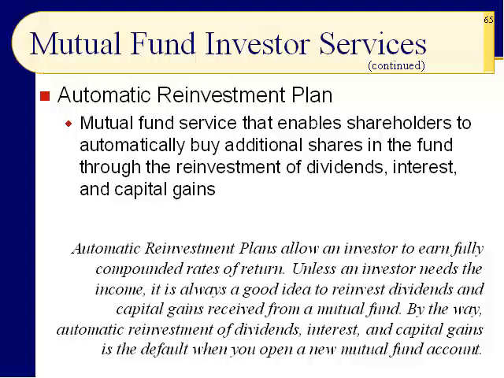And this, let's read at the bottom, allows an investor to earn fully compounded rates of return. Unless an investor needs the income, and some people do, they want the income, send me the income I need to live off of. It is always a good idea to reinvest dividends and capital gains received from a mutual fund. As we said, it's the default.